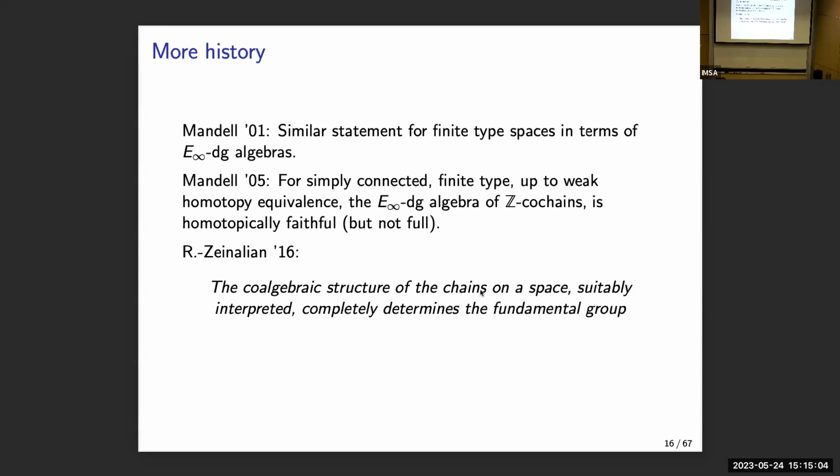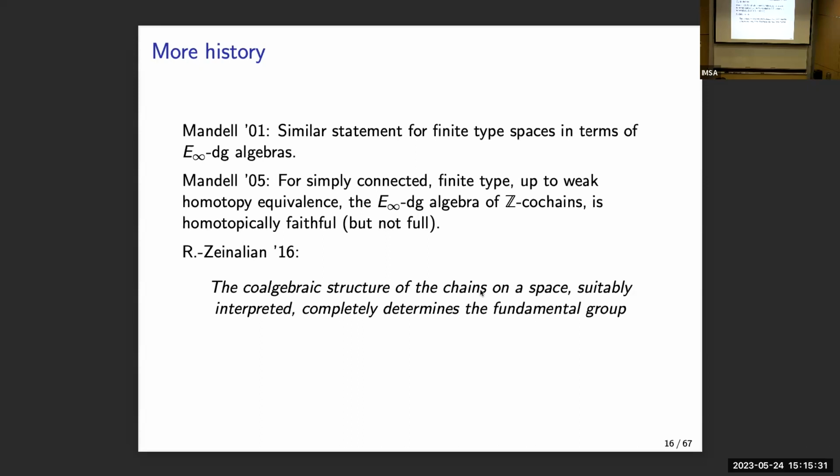Okay, yep. Can I ask how different is the CDGA compared to the E-infinity? Yeah, over the rationals, over characteristic zero, these categories, these homotopy theories are equivalent. Over a field of characteristic zero. Over characteristic p, there's an obstruction.